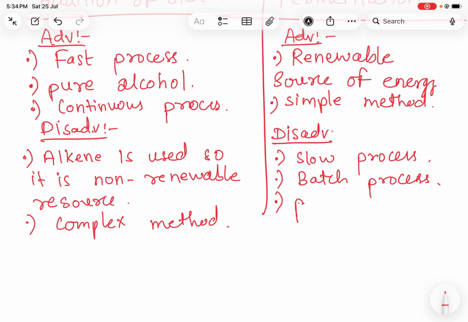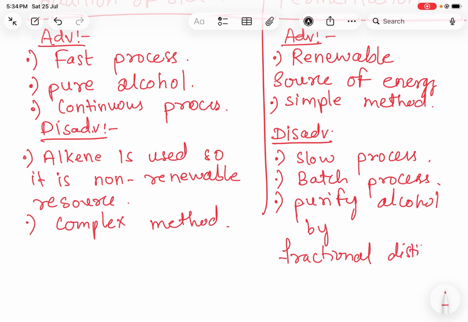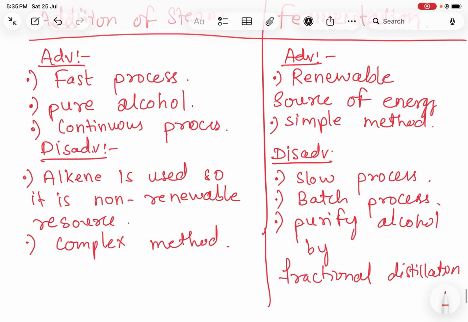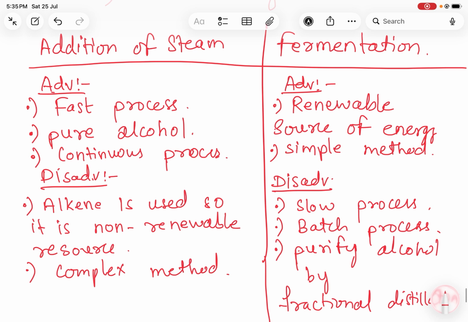We have to purify the alcohol because we have dead yeast also. So we will have to perform fractional distillation so as to get the pure alcohol. So these are some advantages and disadvantages of both these methods, addition of steam and fermentation.